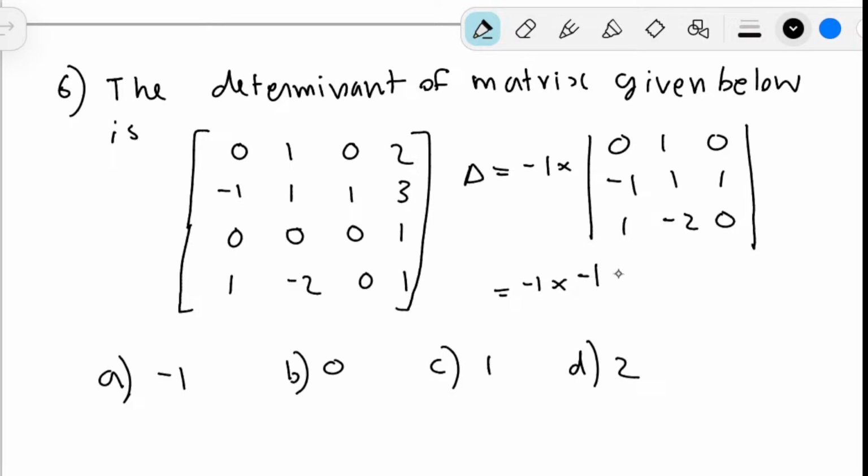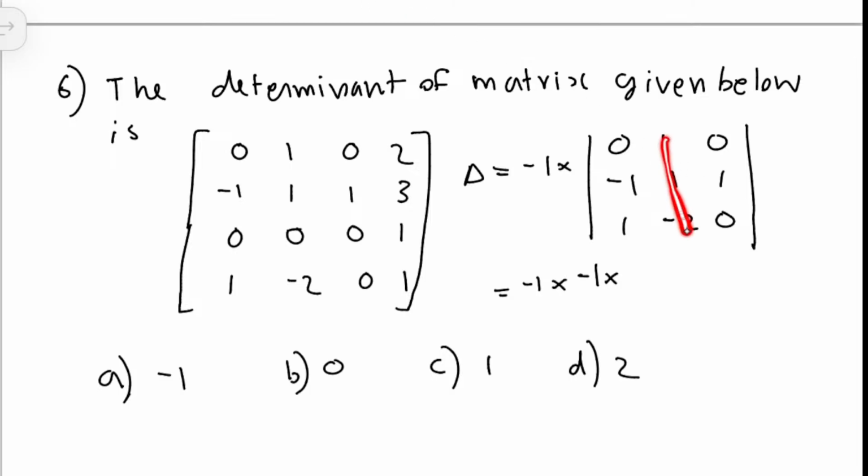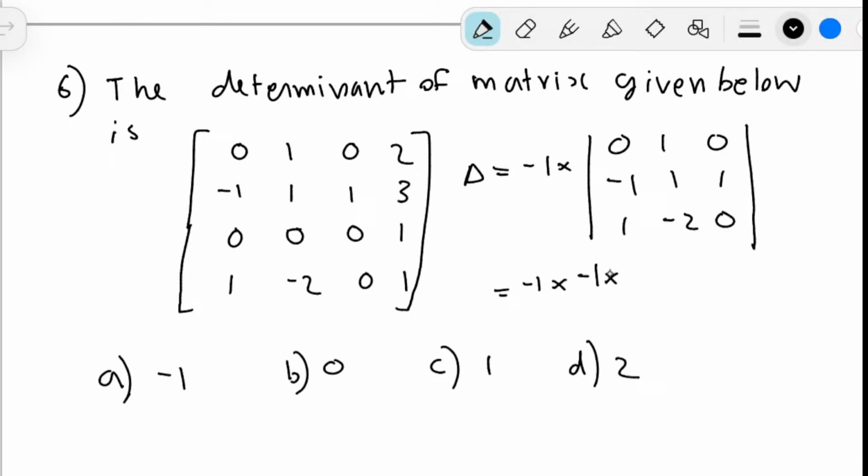Negative 1 into, we need to remove this column and this row. So we get minus 1, 0, 1 and 1. So minus 1 into 0, 0, minus 1. So we get into minus 1. So the final answer is minus 1. Okay. So our final answer to the question is option A, minus 1.